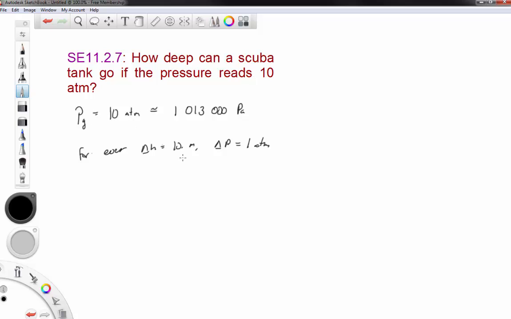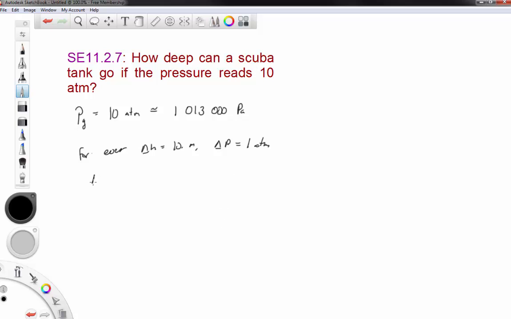So according to this, if you go 10 meters, you gain an atmosphere, and you have 10 atmospheres to go, so 10 meters times 10 atmospheres, which is 100 meters.